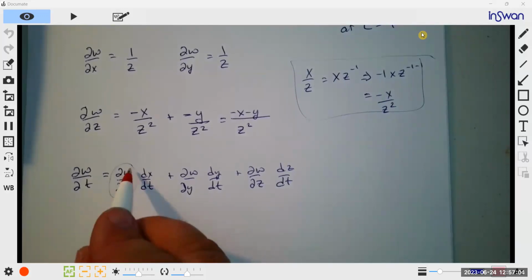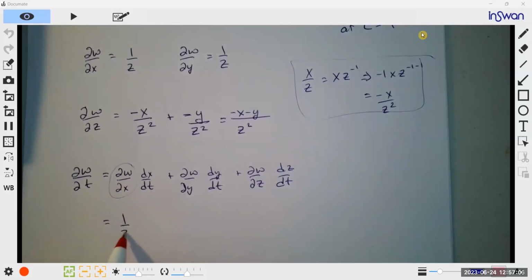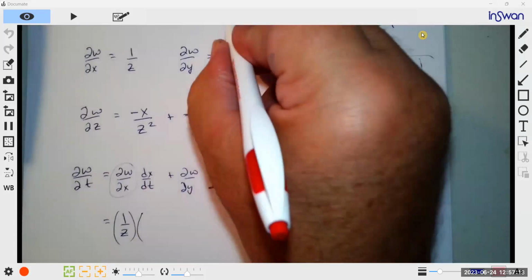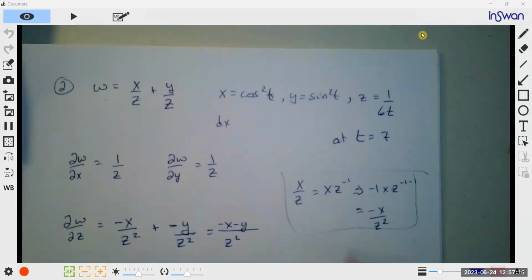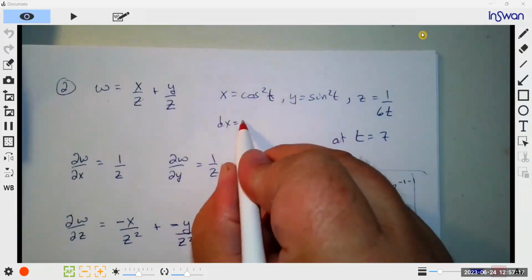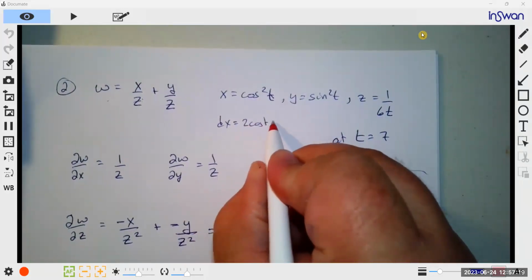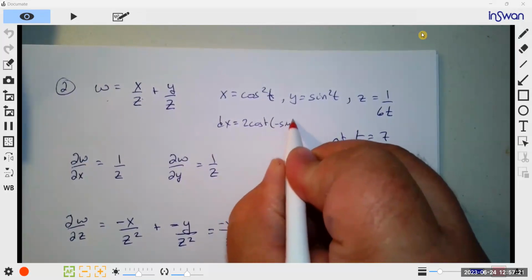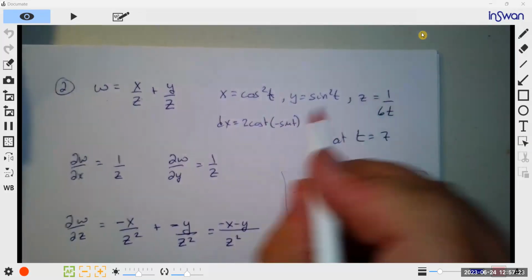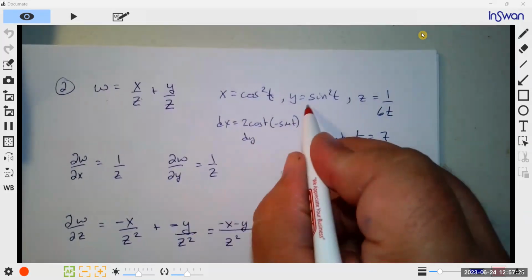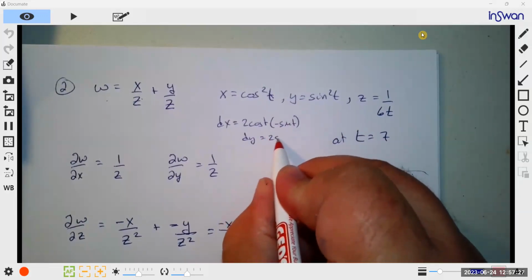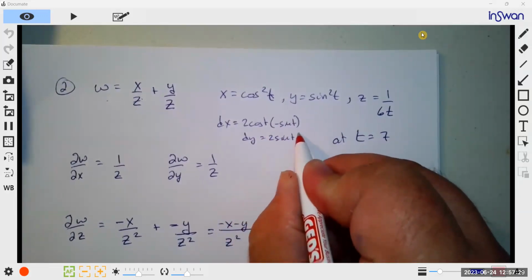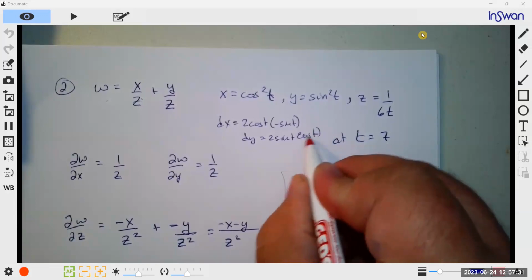So dw/dx is 1 over z. The derivative of x, dx, is 2 cosine t times negative sine t. The derivative of y is 2 sine t cosine t.